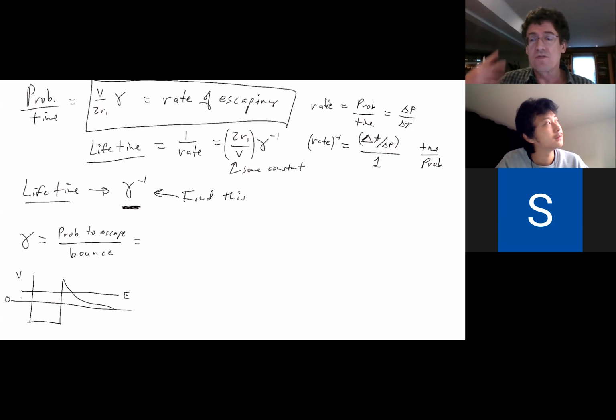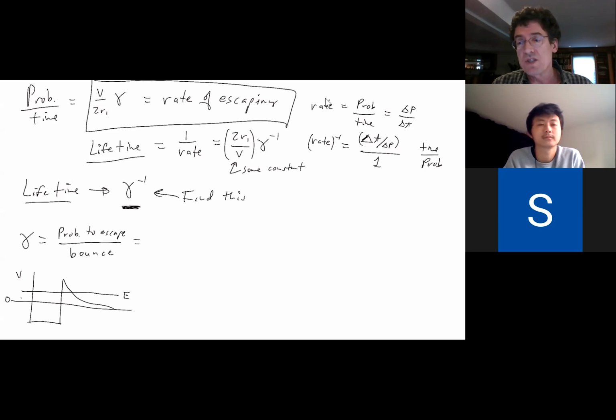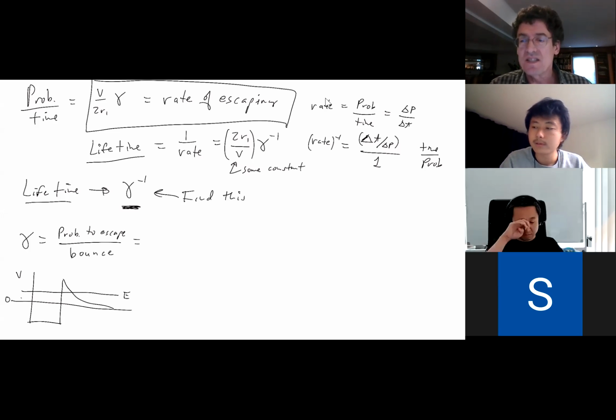In the language of quantum mechanics, we have a special word for that probability to escape per bounce. The process is tunneling, but that probability itself has a special name. What is it?